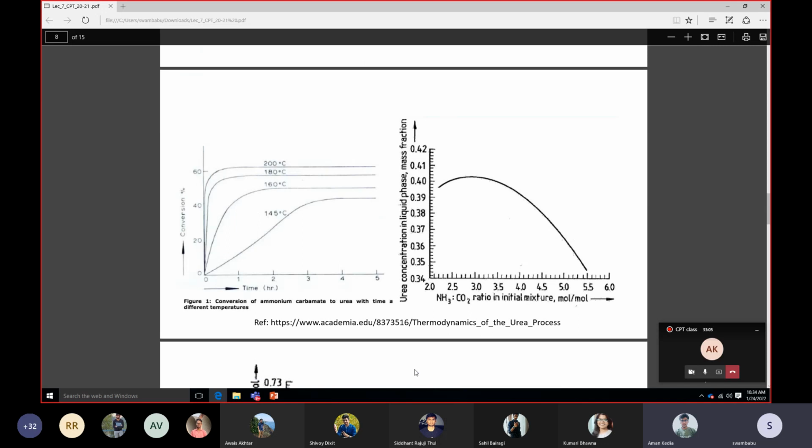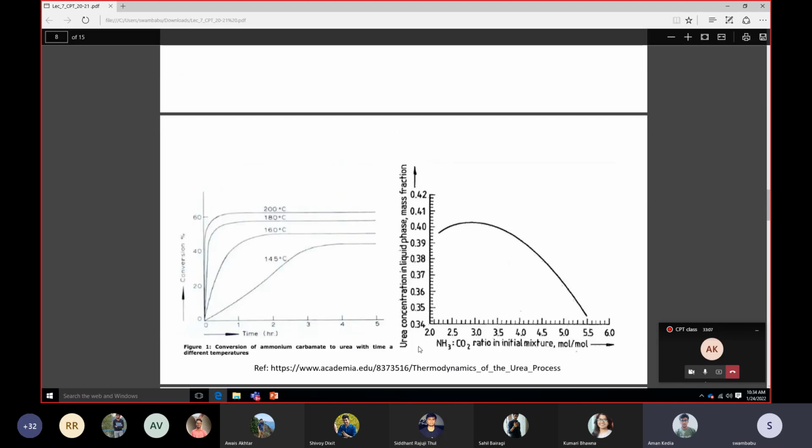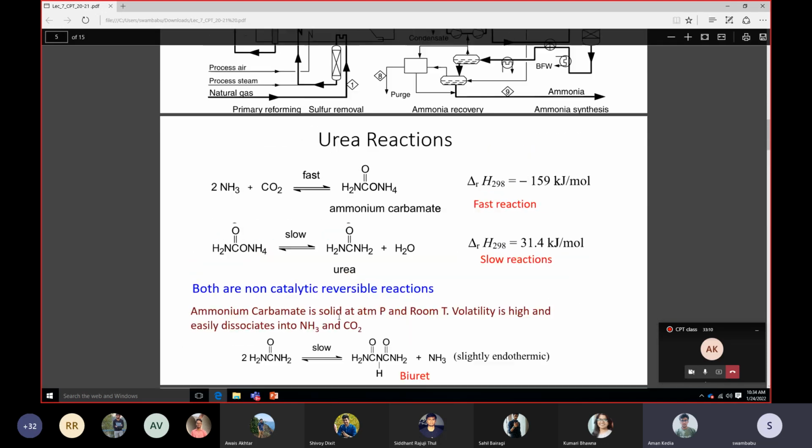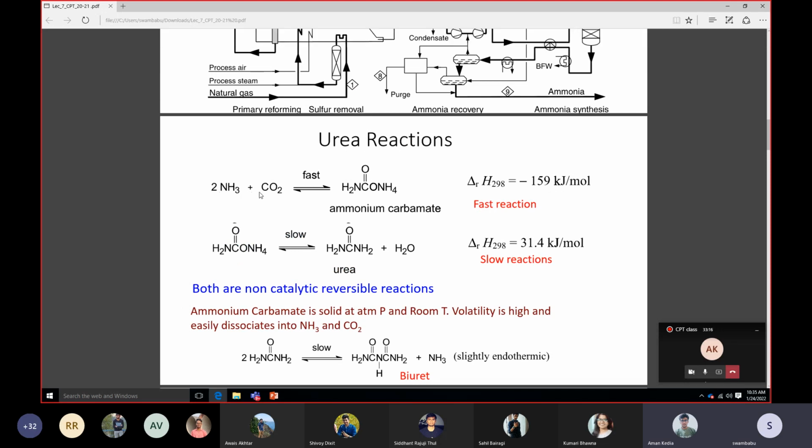Now, at what ratio? Ideally, you can see from the reactions, we want a 2:1 ratio. Now, which is the limiting reactant here? CO2 is the limiting reactant, usually in the urea reaction.